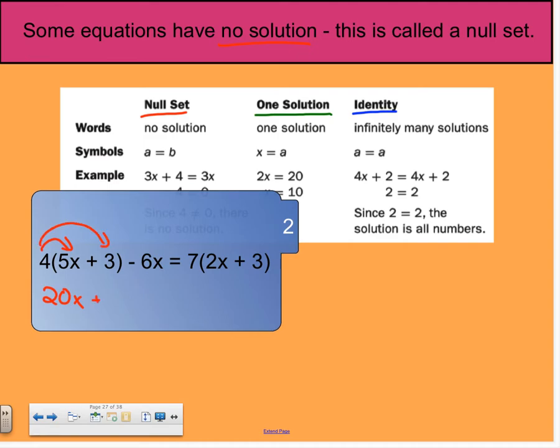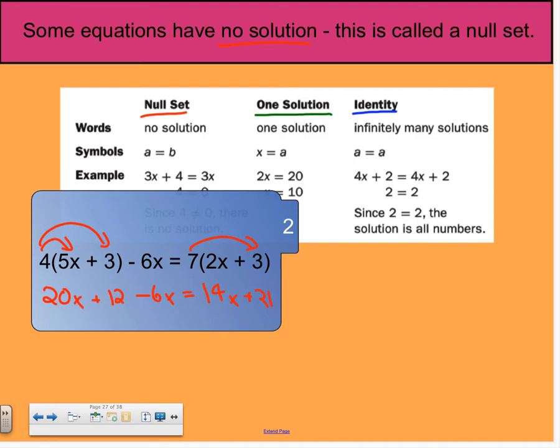And then 4 times 3, which will be 12. I will still have the minus 6x. That's not going anywhere. But now notice I have distributive property on the other side as well. 7 times 2x is going to get me what? Very good. And 7 times 3 is 21. Okay? All right. So now we've got to try and solve this.